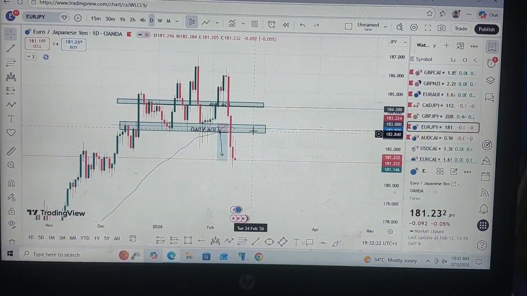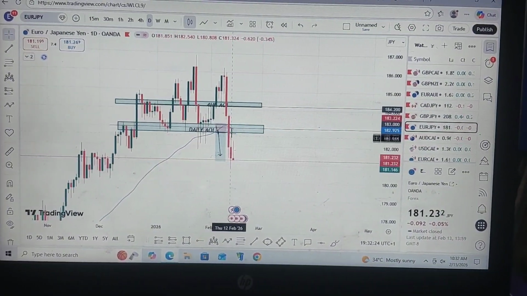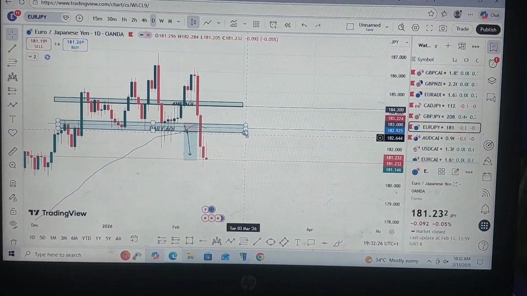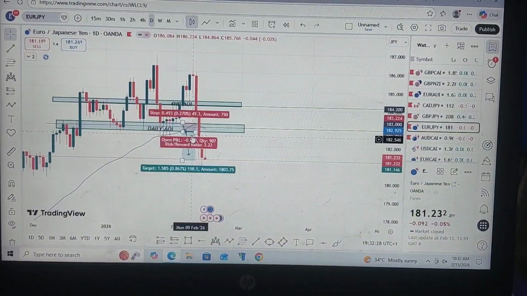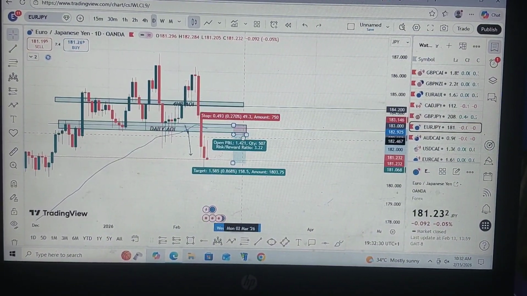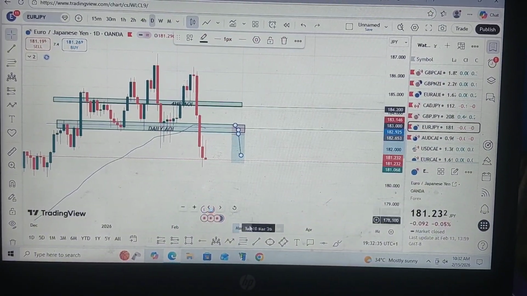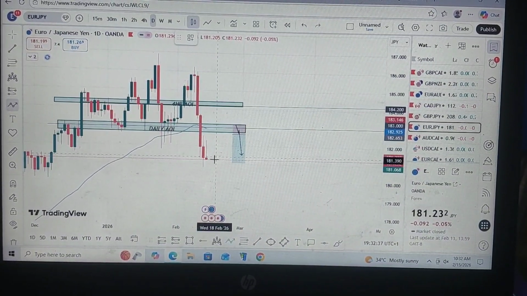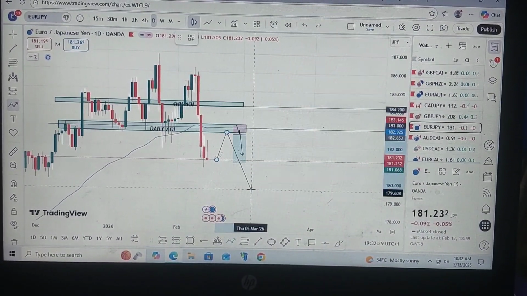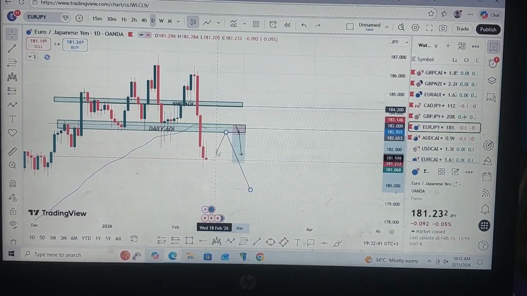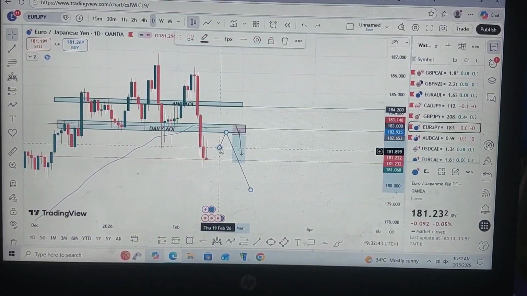Give me my entry signal, give me my rejection candlestick in this daily area of interest, then I take the trade to the downside. That's what I'm expecting in Euro JPY: a pullback, then a sell off.